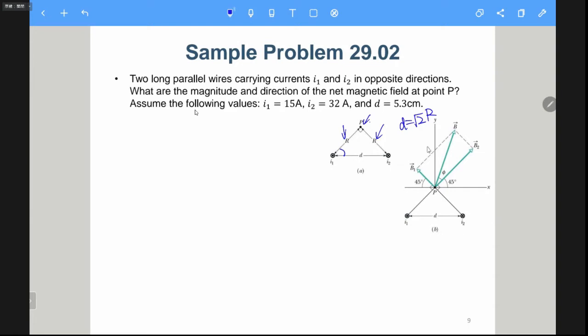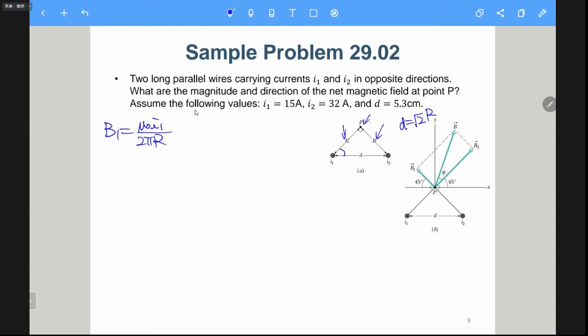Okay, so let's see. B1 will be nothing but mu 0 I1 over 2 pi r, using 29.4.